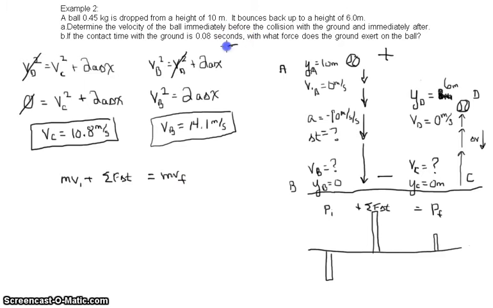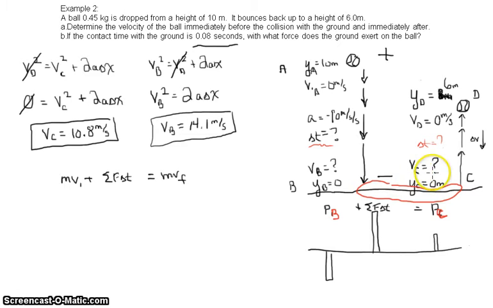Now I want to focus on this time for a second, because a lot of times people will calculate the time it takes to go back up and confuse that time with the time it takes to interact with the ground. So keep in mind this initial and final here are between points B and C, which means it pretty much means any time that the ball is interacting with the ground.